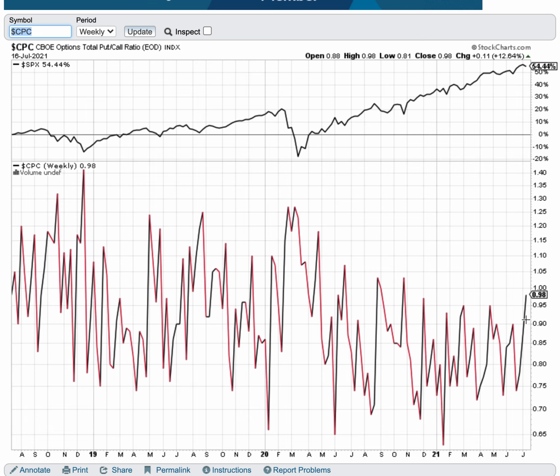You want to match up these readings. Just because 1.2 hits in the middle of the day, I don't think I'd load up on the long side there. You want to see price confirm any reading that you may get in the put call ratio.